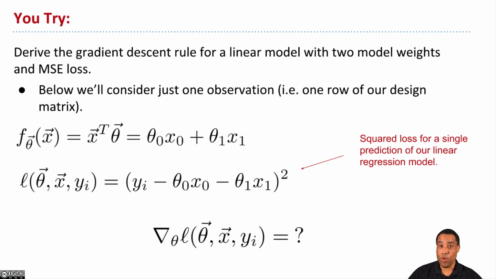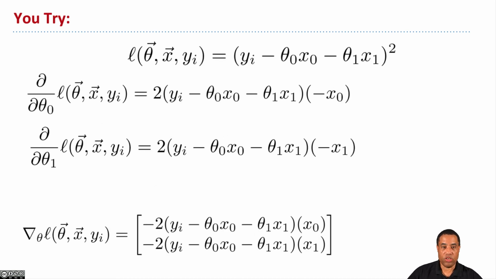Okay, so hopefully you were able to write down the solution. But if you weren't, or if you want to check your results, let's go through it. Our loss function is mean squared error, so it's y sub i minus theta 0 times x0 minus theta 1 times x1, all squared.